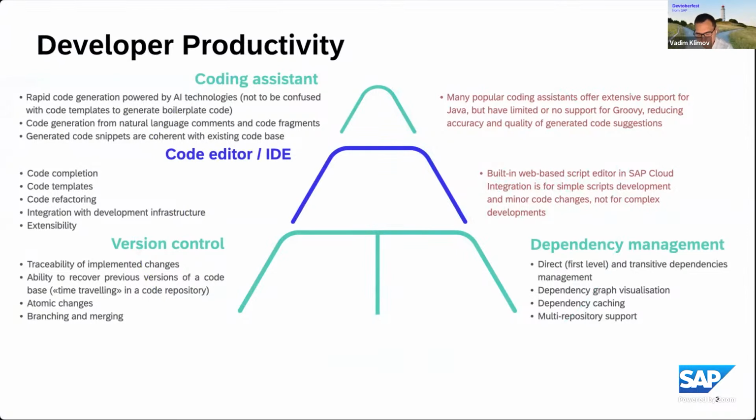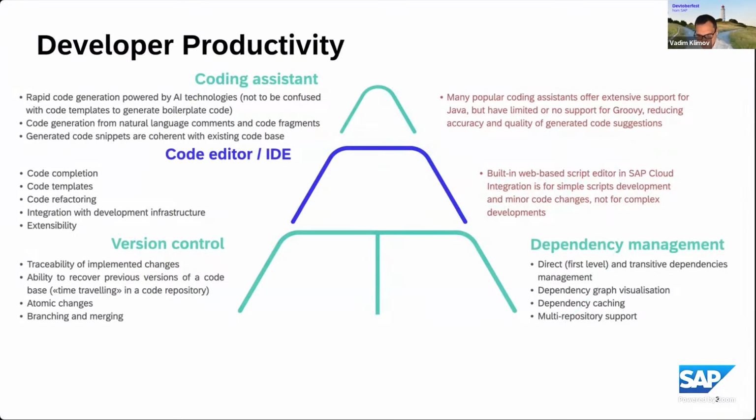What is also very powerful and useful in integration scripts development is the way the AI assistant can generate the code snippets. We can use natural language comments. We can define in the comment what we would like the code snippet to do, and the AI assistant will generate the code snippet for us, and also code fragments.